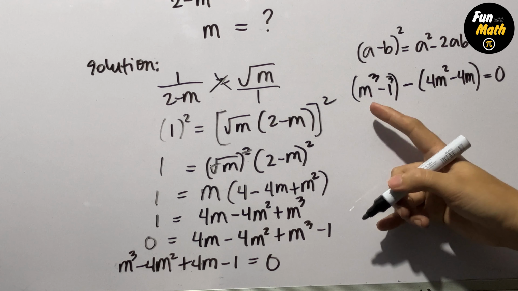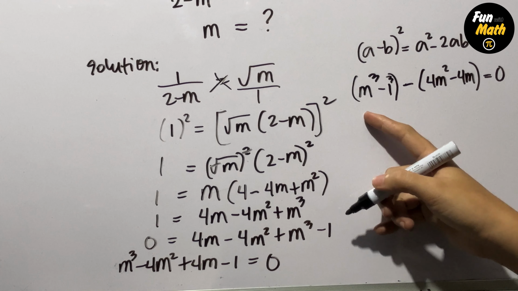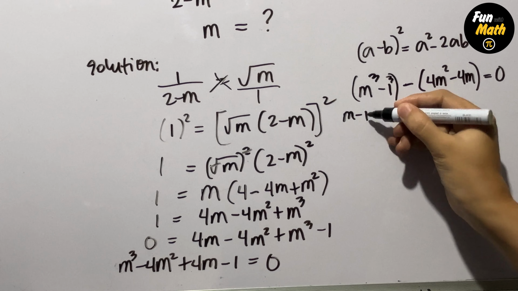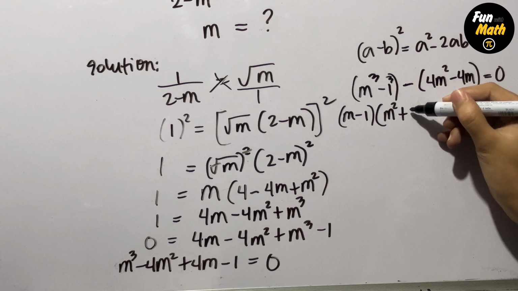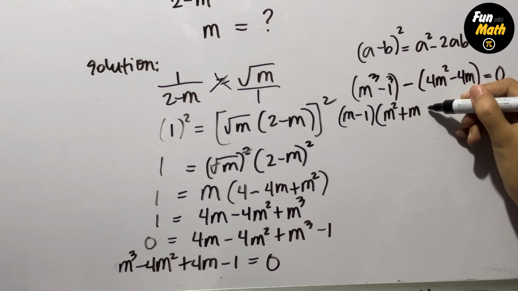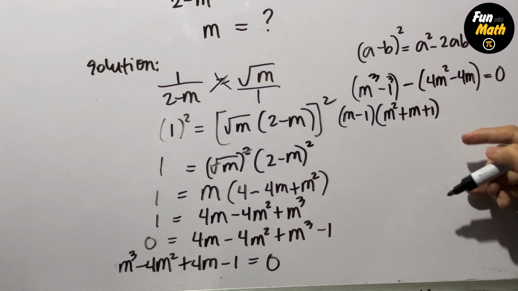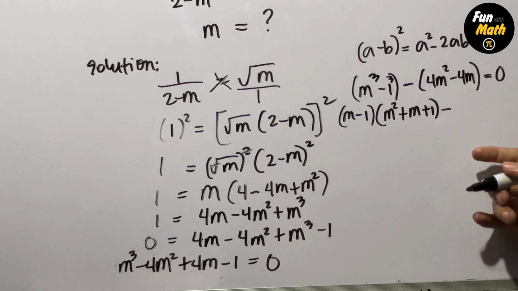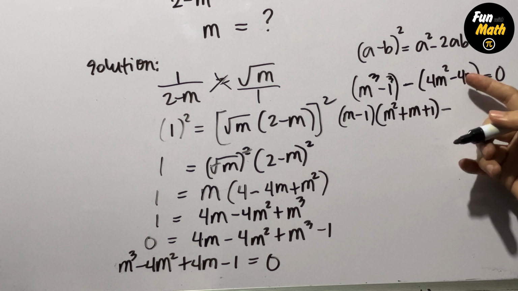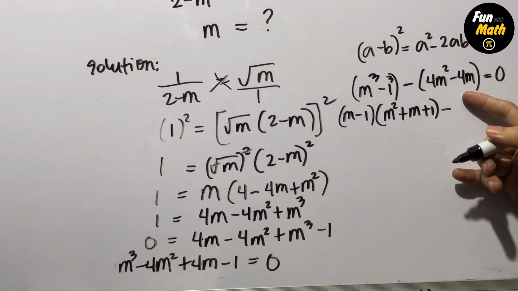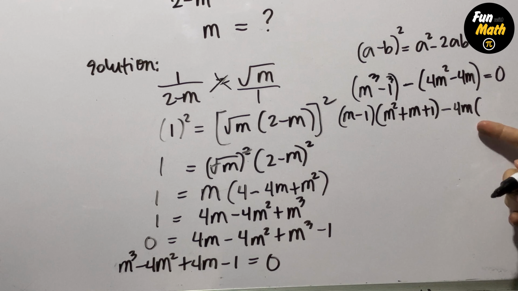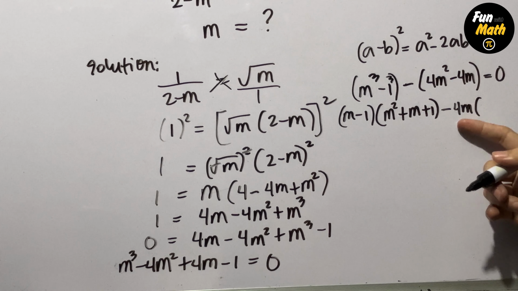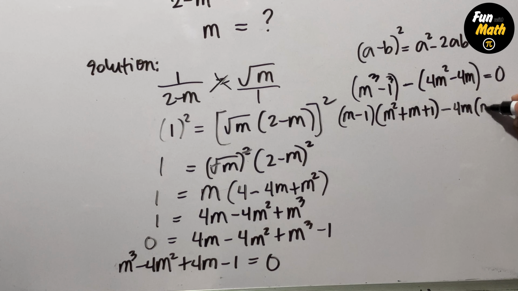And for the difference of 2 cubes, we can expand this into m minus 1 times m squared plus m plus 1. And then minus, here 4m squared minus 4m, the common is 4m. So 4m times 4m squared divided by 4m, that is m.